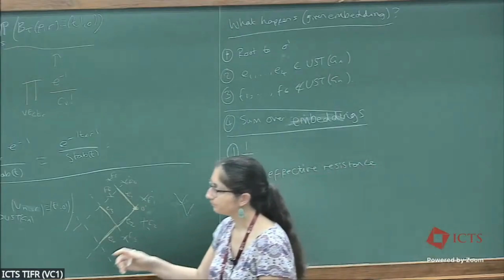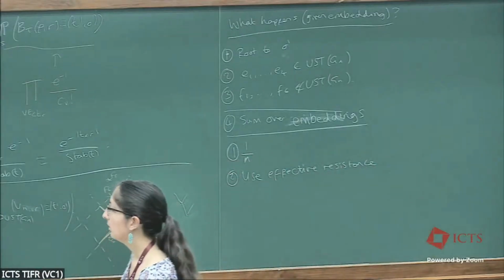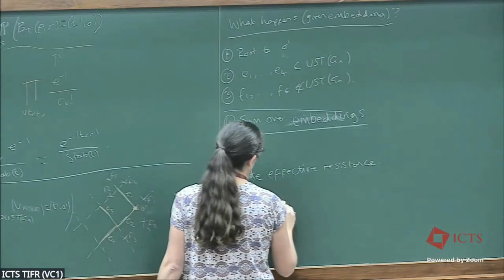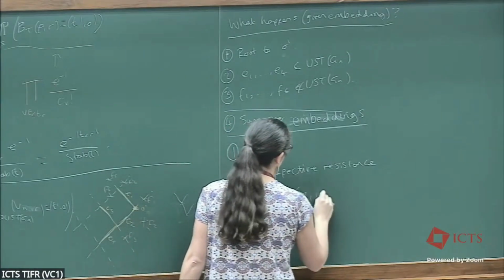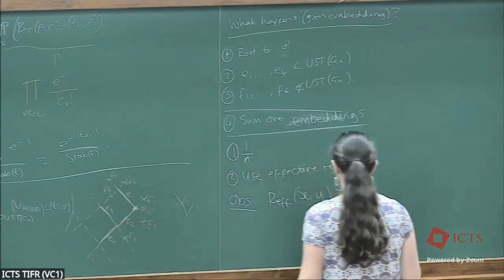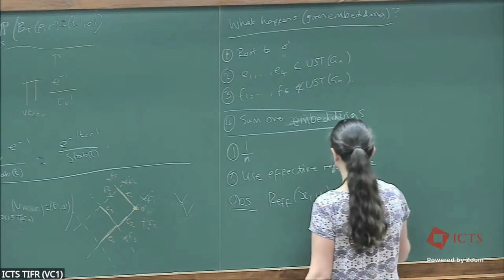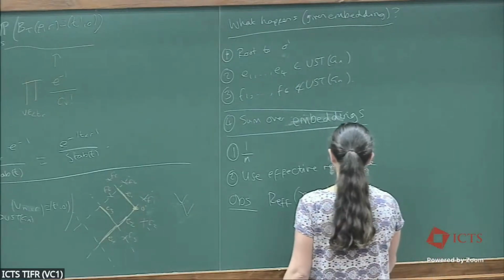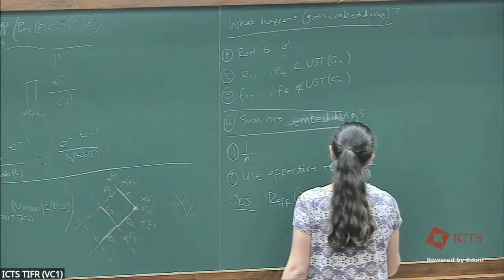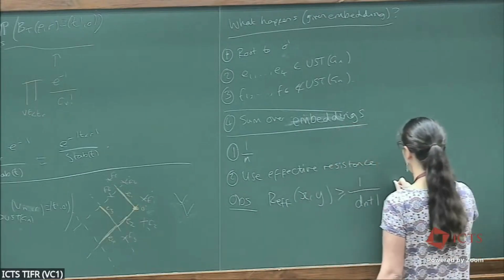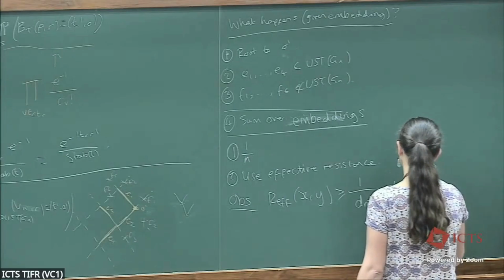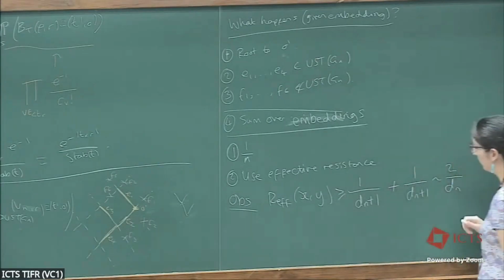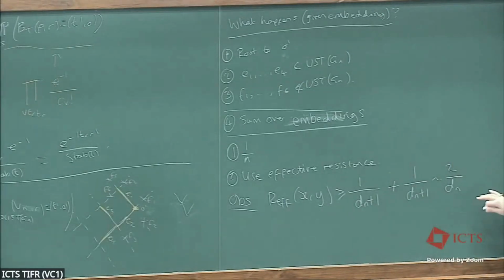I have a deterministic lower bound. An observation is that the effective resistance between two vertices is deterministically lower bounded by 1 over the degree. In this case it's a regular graph, so it's 1 over d_n plus 1 over d_n. We won't worry so much about the plus 1; it's just roughly 2 over the degree.